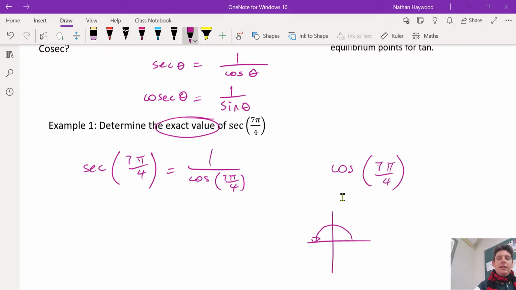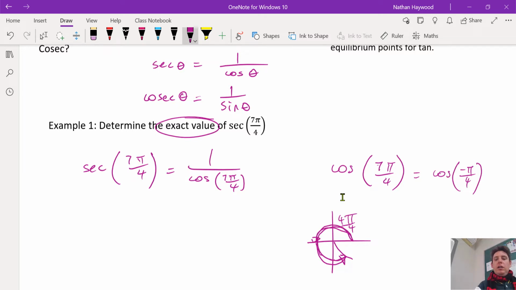How far is that? It's pi, or 4 pi over 4, so you've got to go another 3 pi over 4. 1, 2, 3. 7 pi over 4. Or we can rewrite it as cos negative pi over 4.